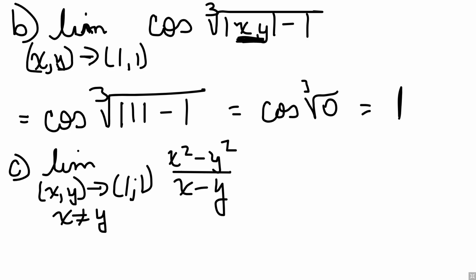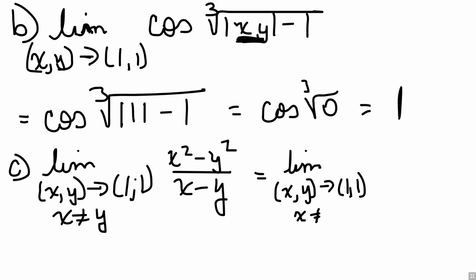If we look at this, one of our biggest tricks that we used when we were doing limits was being able to see if it factors. The numerator does factor nicely into x minus y times x plus y, over x minus y.